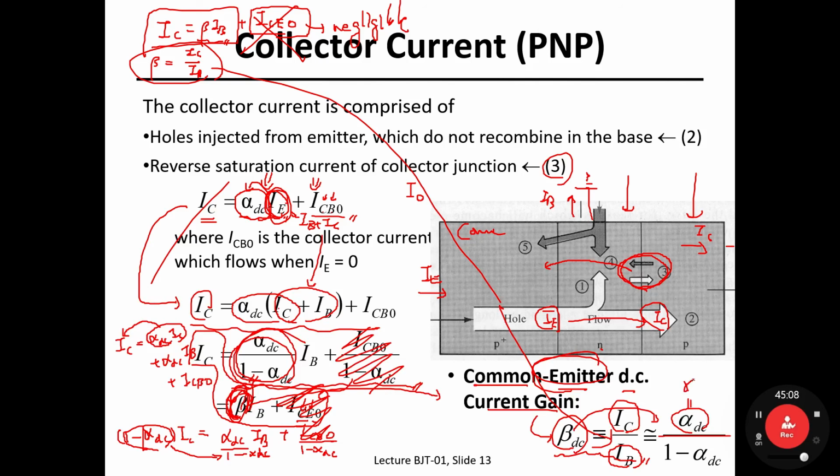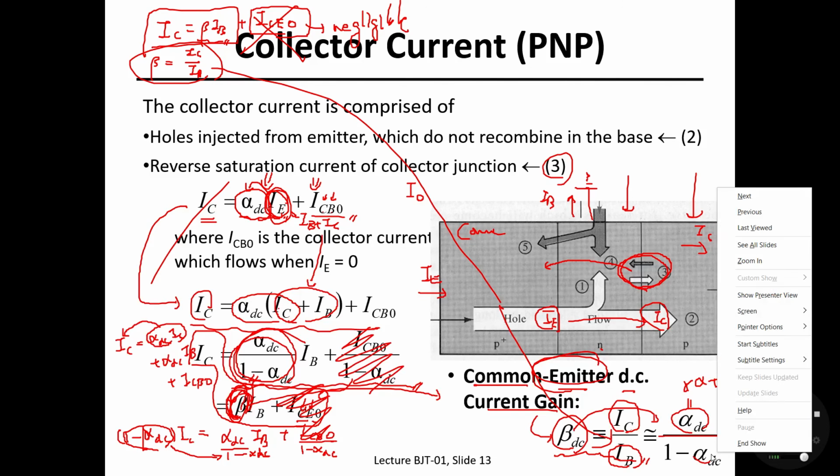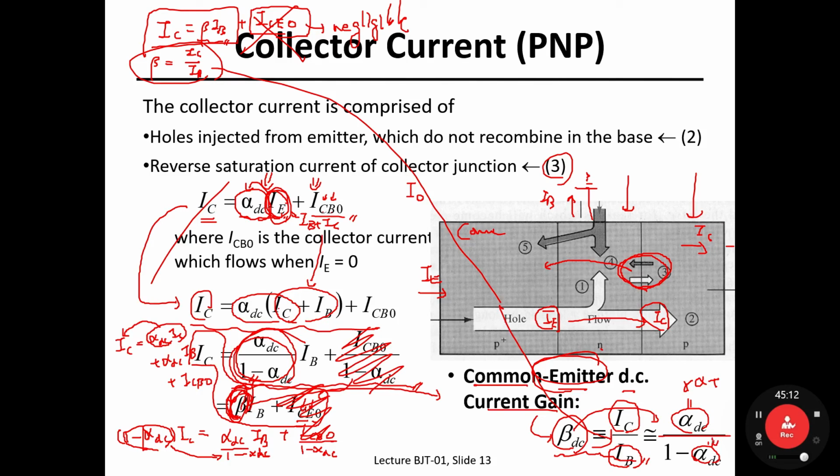Alpha DC is gamma times alpha T. The maximum value of gamma is 1, and the maximum value of alpha T is 1. 1 times 1 is 1. So 1 divided by 1 minus 1 is 1 over 0, which means almost infinity. So beta is very high.